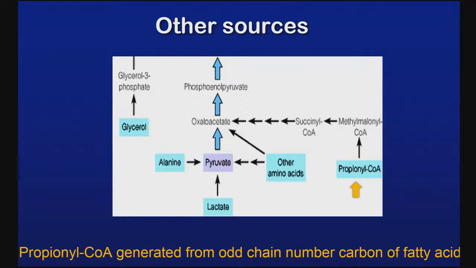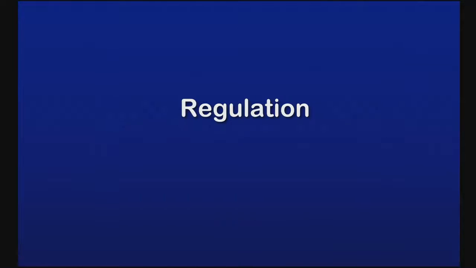When fatty acid breakdown occurs with an even number, they don't contribute to gluconeogenesis. If it's an odd number, then the last 3 carbon molecule, propionyl-CoA, can contribute to gluconeogenesis. Is that clear? This process is very important because there are 2 vitamins involved, like B12, and we're going to talk about that when we talk about fatty acid breakdown. Keep that in mind.